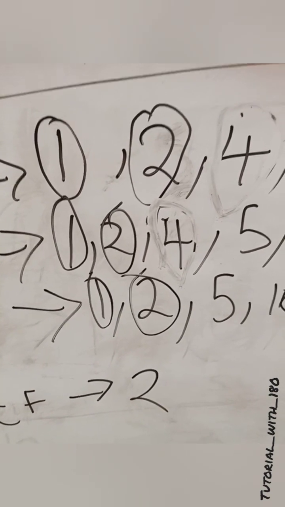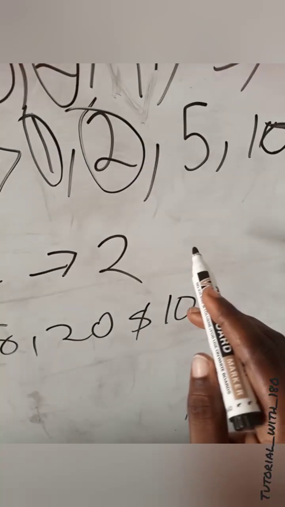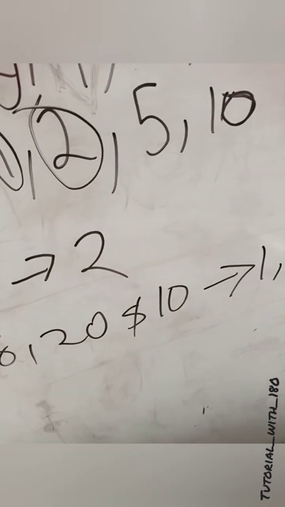Why? If they were to ask in 8, 20, and 10, what are their common factors? What are the things they have in common? We would go with 1 and 2. But then when they ask what's the highest common factor of 8, 20, and 10, the answer is 2.